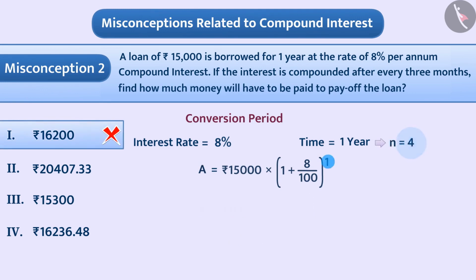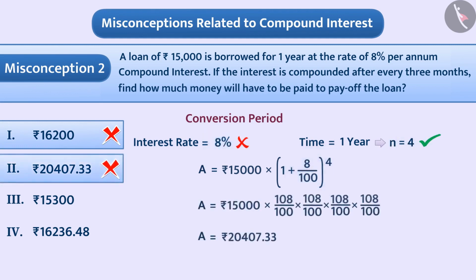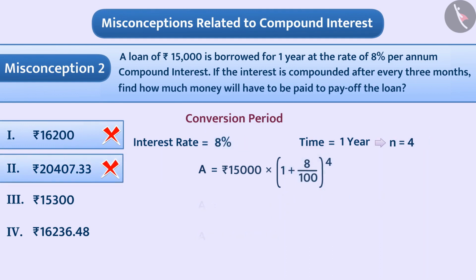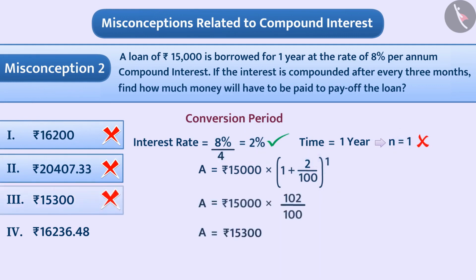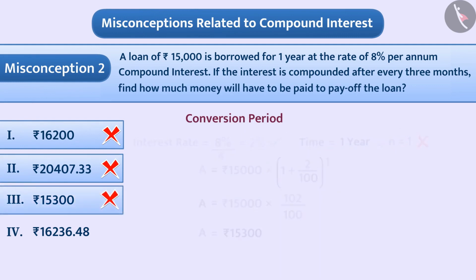Some children change the conversion period but forget to change the rate of interest. Similarly, some children change the rate of interest but forget to change the conversion period. The conversion period here is quarter.